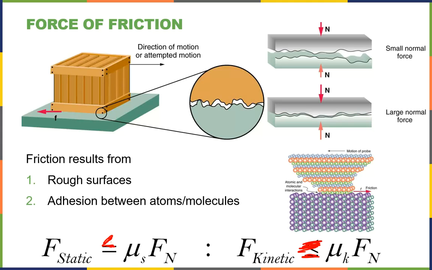If I push harder, it starts to slide, then we get to the kinetic friction realm. If my force exceeds the force of static friction, then it starts sliding, and we have a constant force of friction. This mu sub k is for kinetic friction, kinetic meaning motion, static meaning stationary. The coefficient for kinetic friction is always less than or equal to that for static friction.